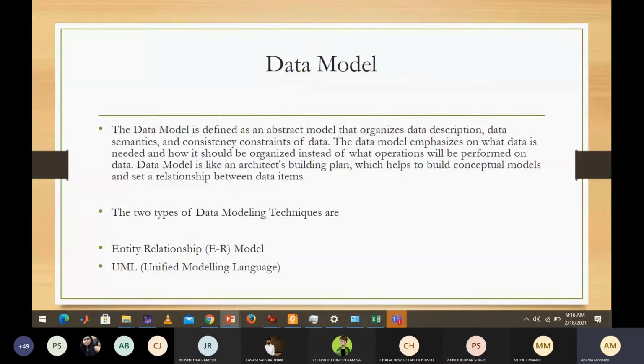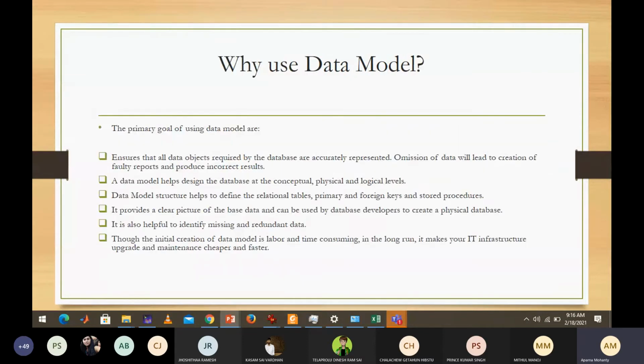Next comes why we need to use a data model. Data is anyway raw. So why do we need to model that data? That is because if you model something, you won't be missing the data. It ensures that all data objects required by the database are accurately represented. Omission of data will lead to creation of faulty reports and produce incorrect results.